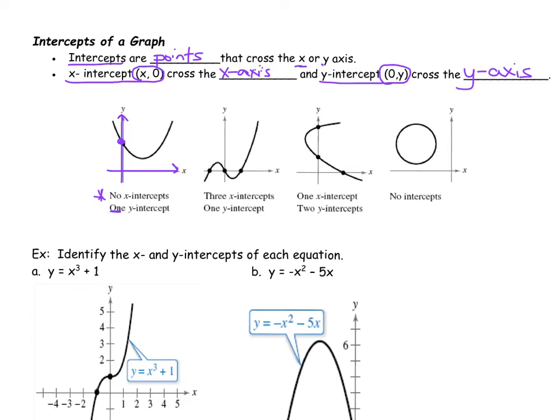In that second graph, if we think of the x-axis, there are 1, 2, 3 different x-intercepts, but then on the y-axis, notice one of those ordered pairs repeats itself. There's one y-intercept. In the next example, there's only one x-intercept on that x-axis, and then 2 along the y-axis over here. And then that last example, there aren't any intercepts at all.